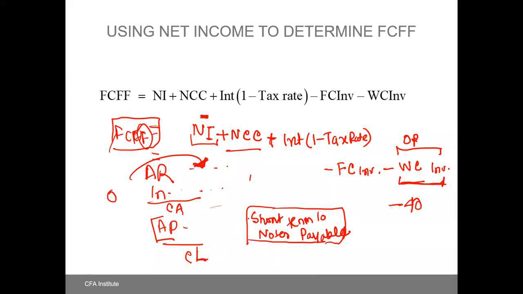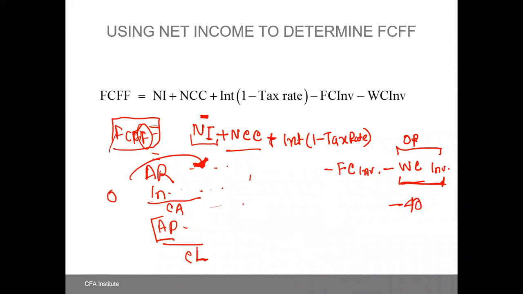I mean, we skip these components, and the difference between the current assets excluding cash and marketable securities and the current liabilities excluding the short-term financing and notes payable constitutes the working capital for each period.